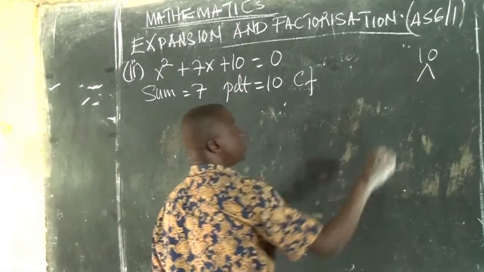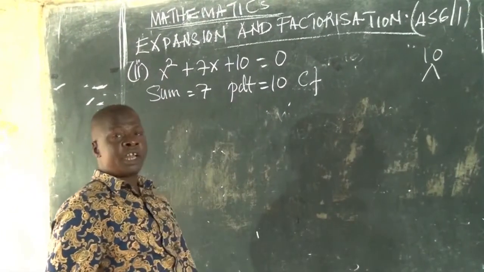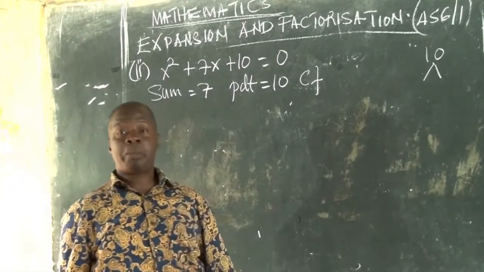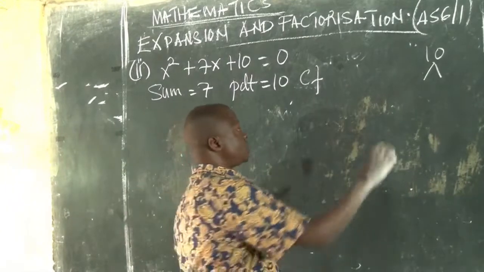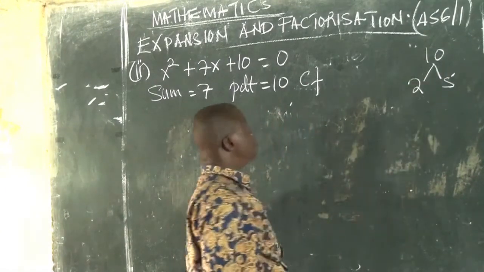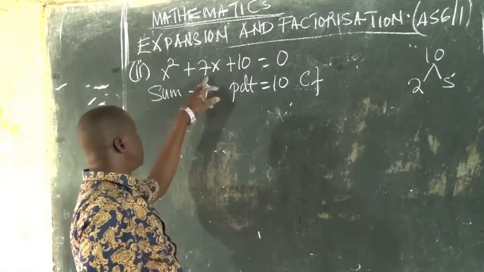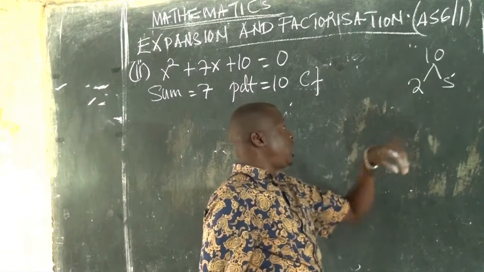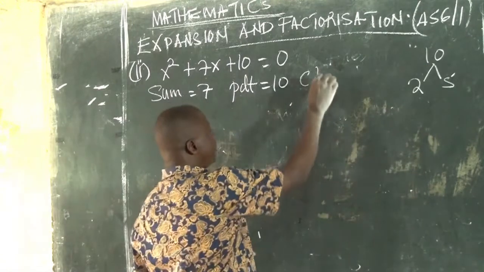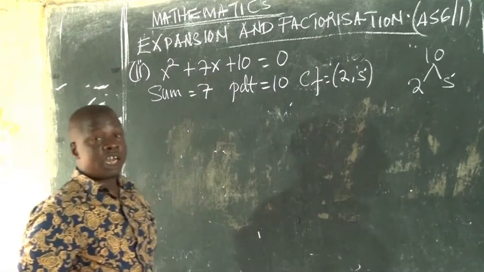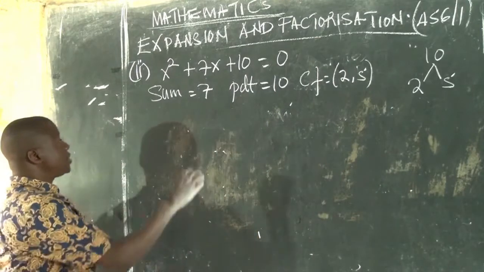Within 10, I can see there is 1 and 10. But 1 and 10 cannot help us. Let us try to see 2 and 5. 2 plus 5 gives a 7. 2 times 5 gives a 10. So 2 and 5 can help us. Let us substitute.